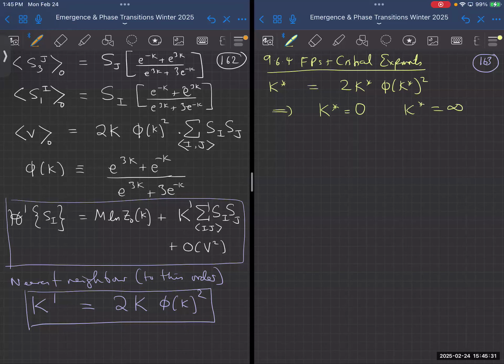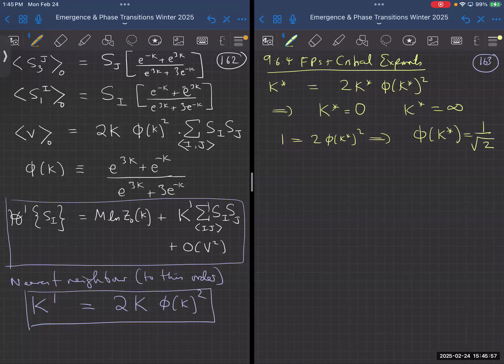Both of those are going to be sinks, as we've seen before. And then the other thing I can have is that 1 is equal to 2 phi of k star squared, and that means that phi of k star has the value 1 over the square root of 2, where this function phi is this ratio of all those exponentials.